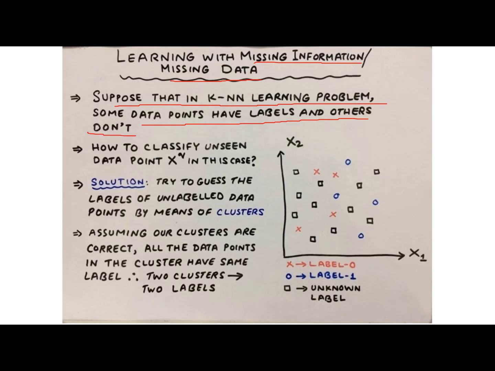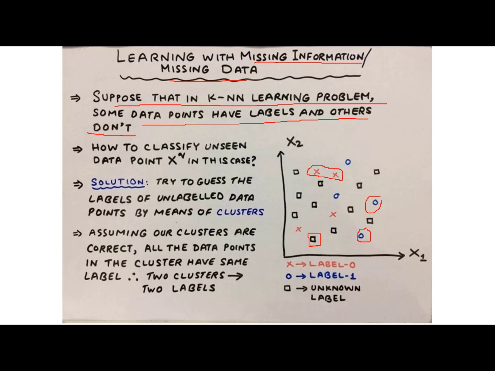So we have some data points in the data set which came with labels, such as 0 and 1 or cross and circle, but we have other data points represented by squares. They were not accompanied by the 0, 1 label.